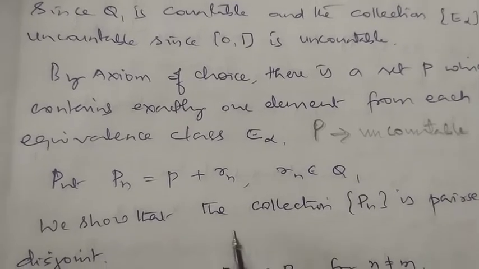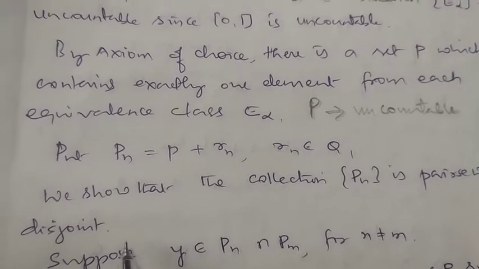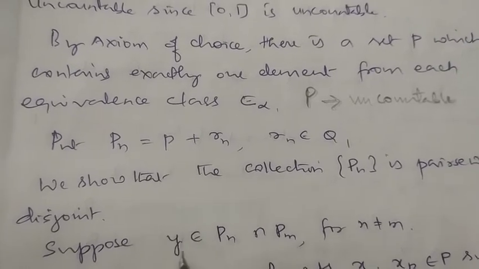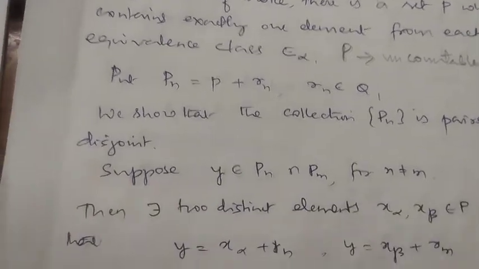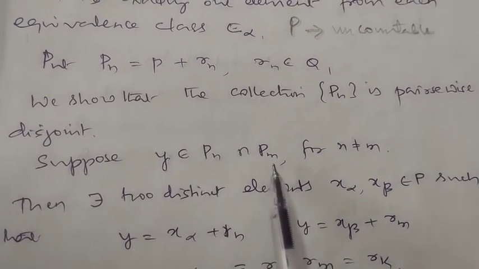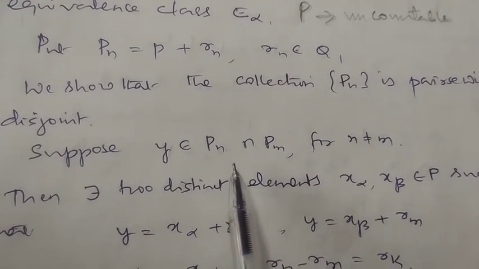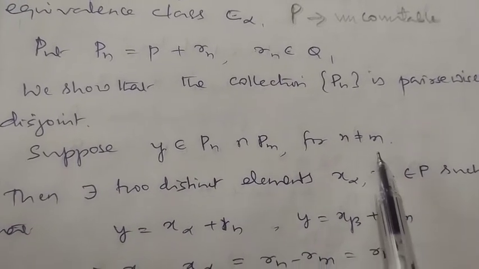Now we show that the collection Pn is pairwise disjoint. Assume there is a common point between Pn and Pm, that is, y belongs to the intersection of Pn and Pm for n not equal to m.